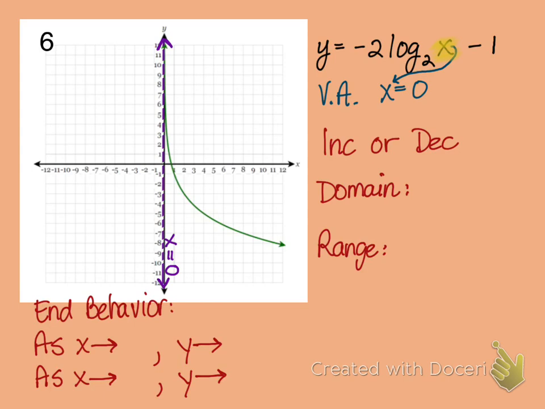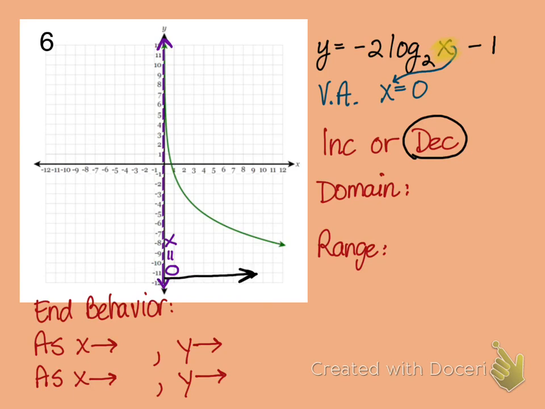We trace our graph from left to right. So from left all the way to the right. And I notice that my y values are consistently decreasing. What's happening to the domain? Well, our asymptote has x's, so it has to do with the domain.